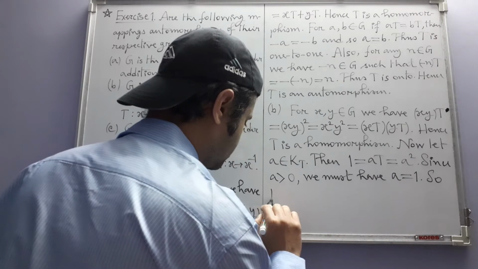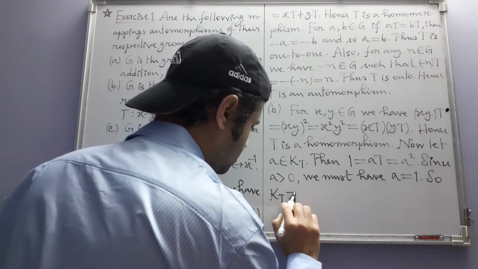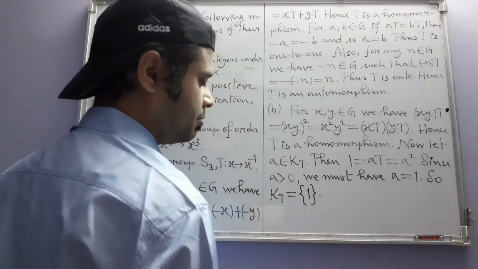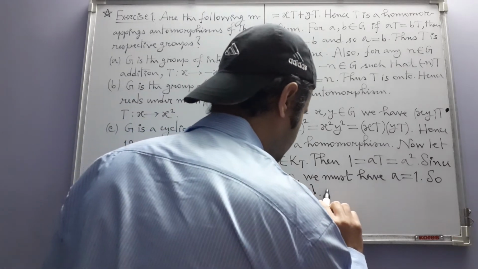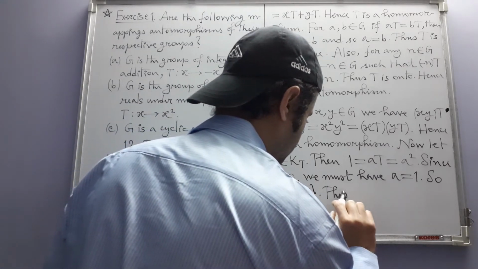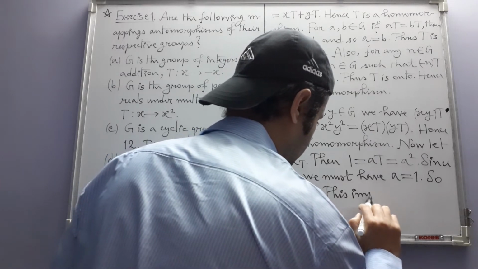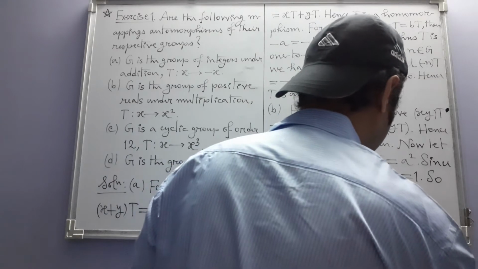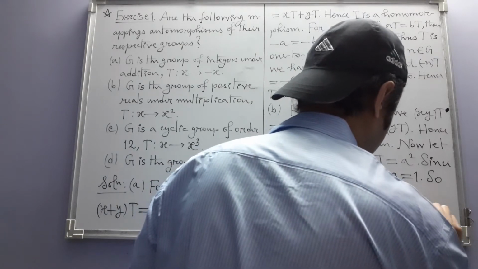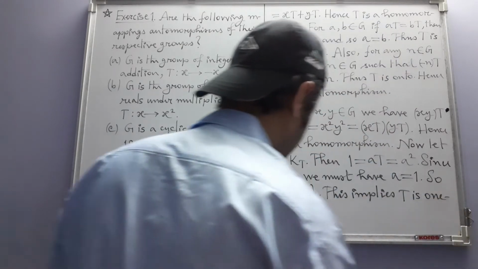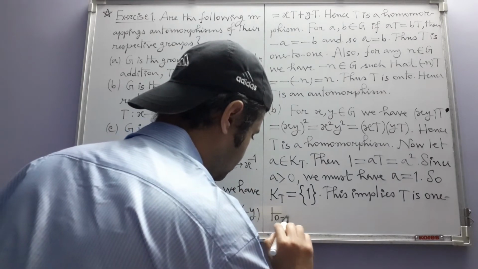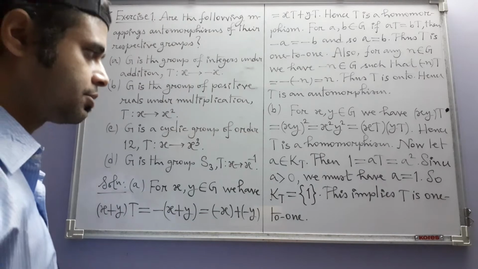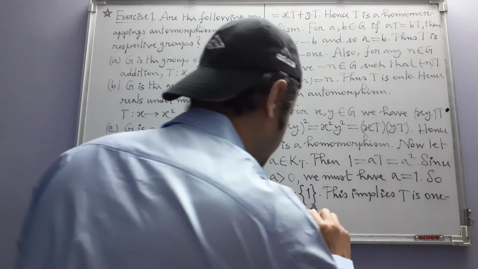So the kernel of t consists of this single element. This implies t is injective or one-to-one. Okay, now next we show t is onto.